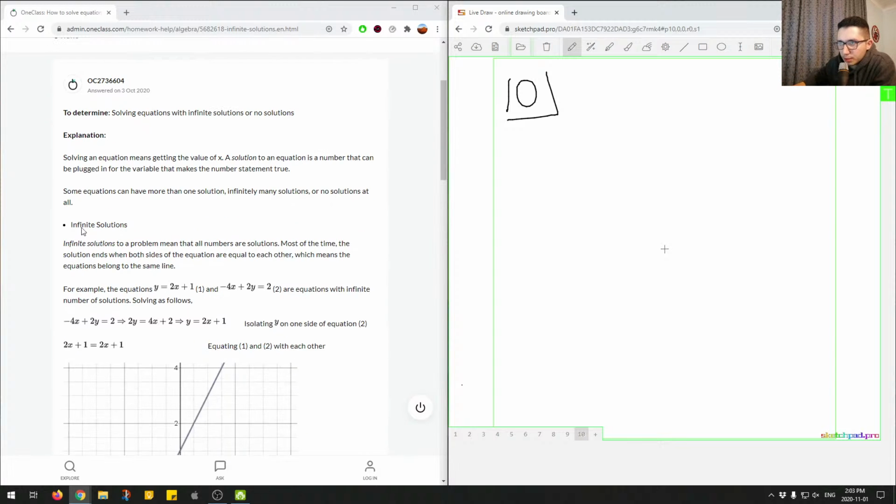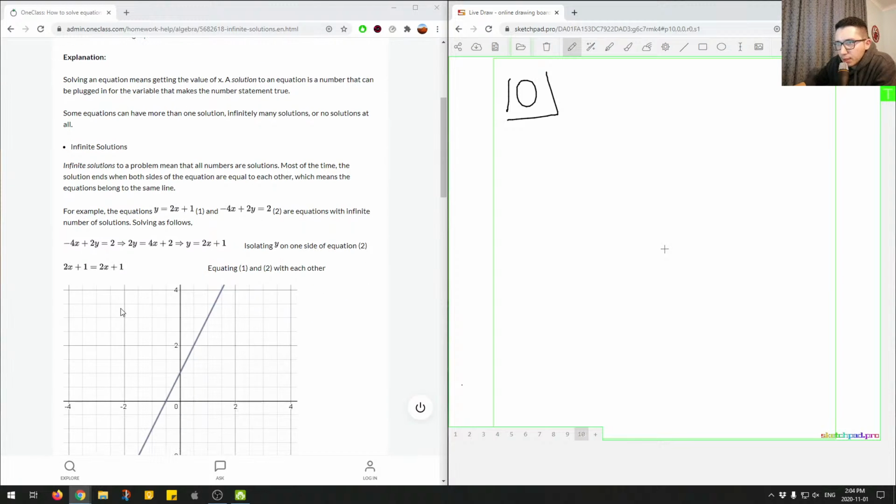Here they show the first example, infinite solutions. I'm just skimming through this to give you the most important stuff of this answer. So y equals 2x plus 1 and negative 4x plus 2y equals 2. We want to find the solution for these two equations. We rearrange this equation, and then we set them equal to each other, and we get 2x plus 1 is equal to 2x plus 1.